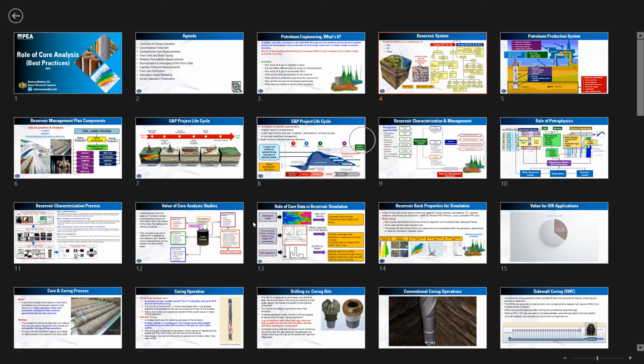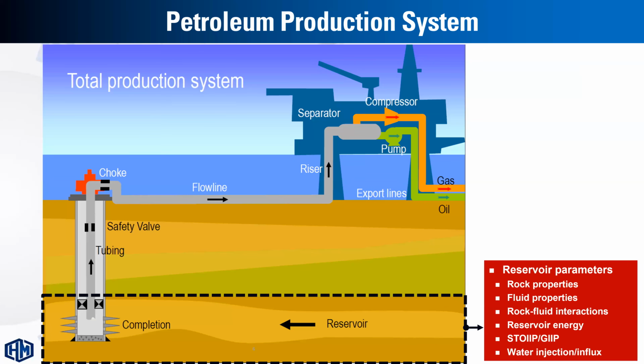So if you look at the entire petroleum production system, as you can see, the first element of this system is the reservoir itself or the porous media. Determination of reservoir parameters, firstly, the rock properties and also fluid properties, and the most important part is the interactions between the rock and the fluids in terms of rock wettability and other parameters like capillary pressure, relative permeability, and so on.